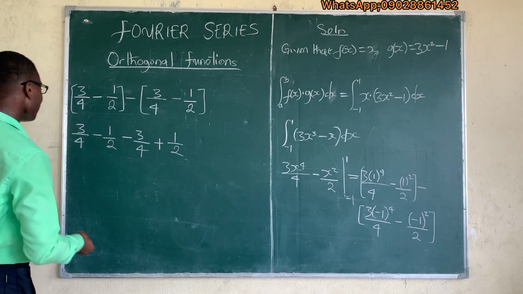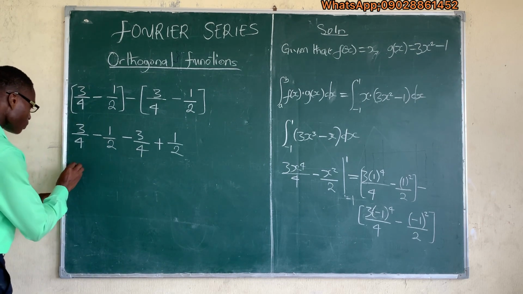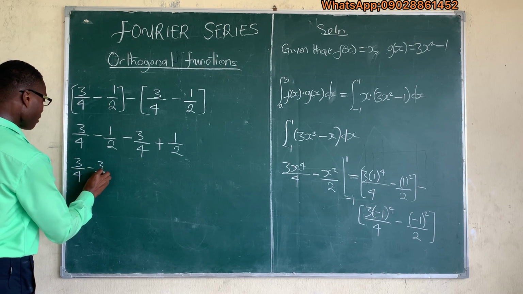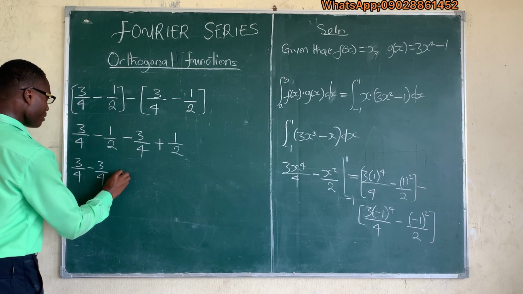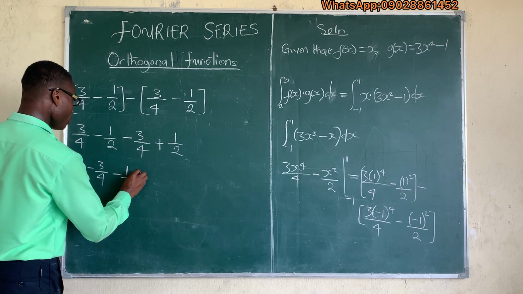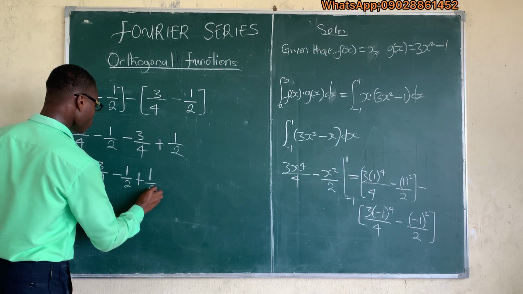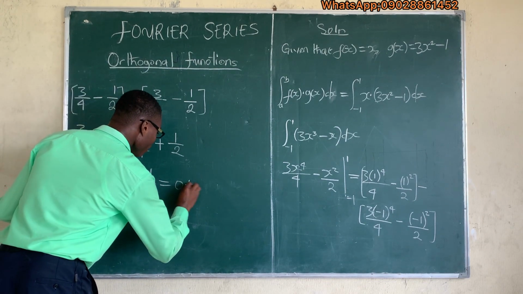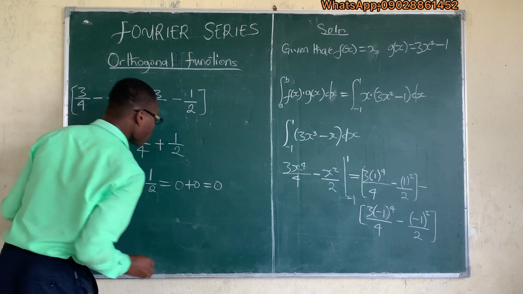So if you observe carefully, we can collect like terms. We have 3 over 4 minus 3 over 4 minus 1 over 2 plus 1 over 2. And of course, this is equal to 0 plus 0, which is equal to 0.